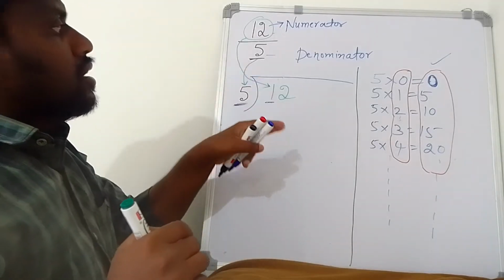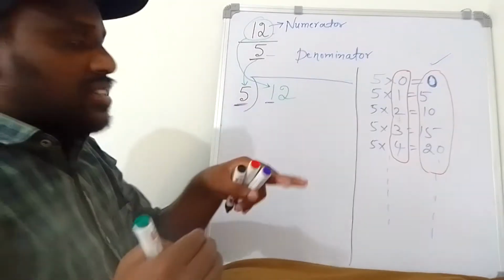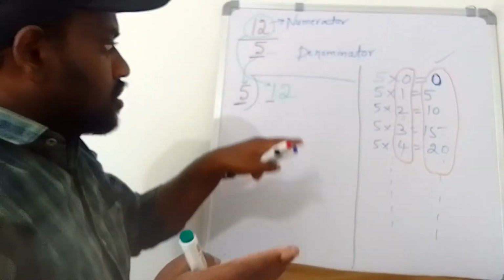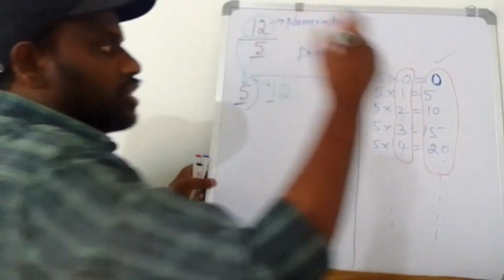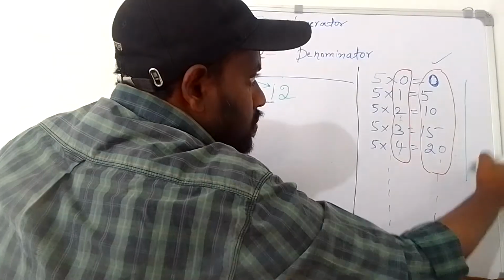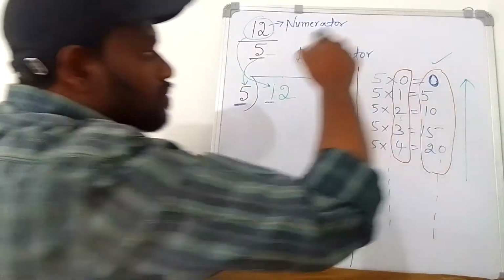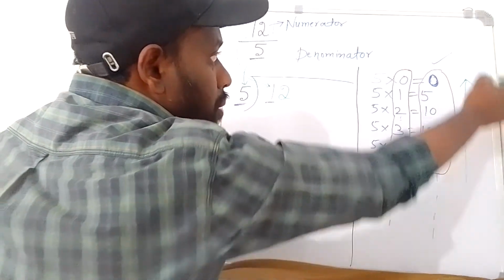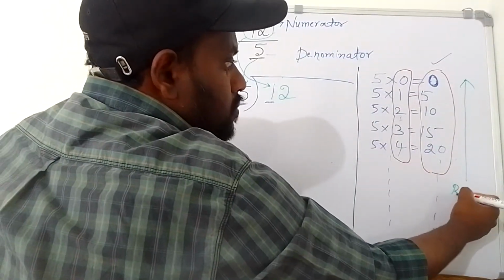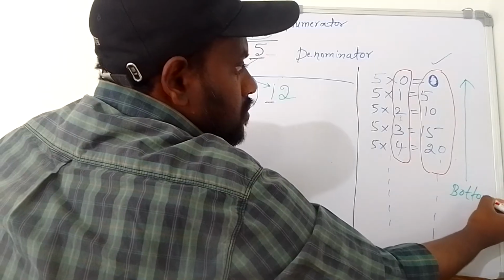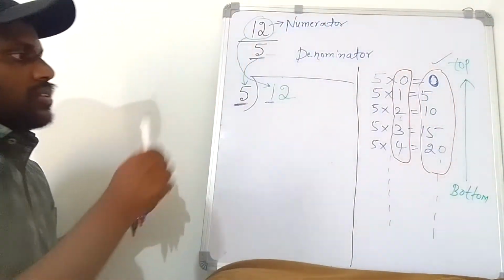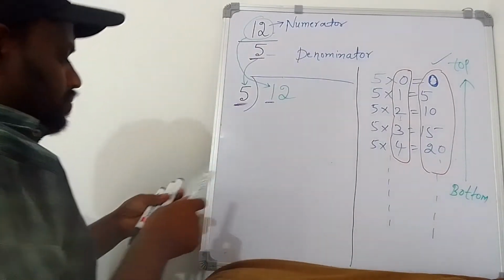If not, you have to check for another digit which is less than 1, and you check in this direction, from bottom to top, not from the other direction.